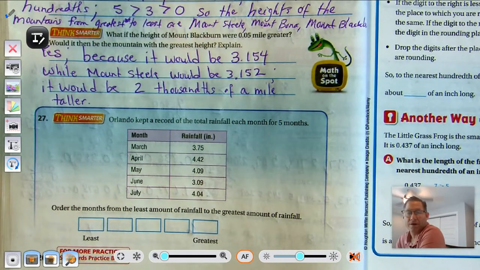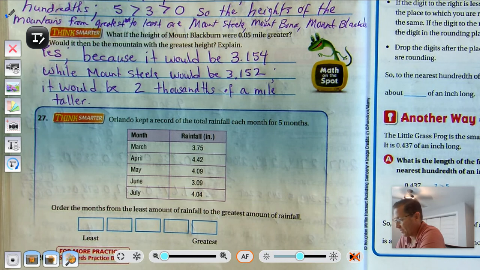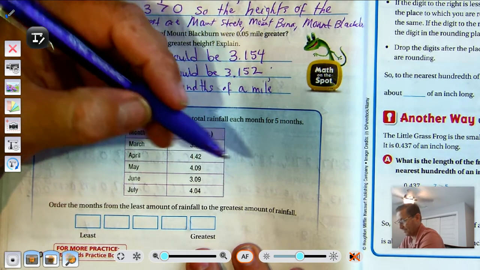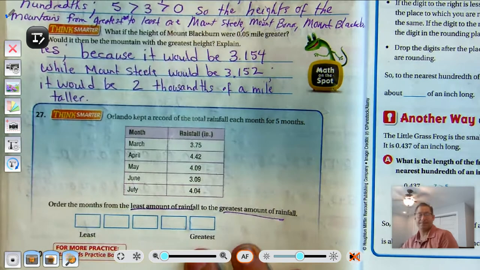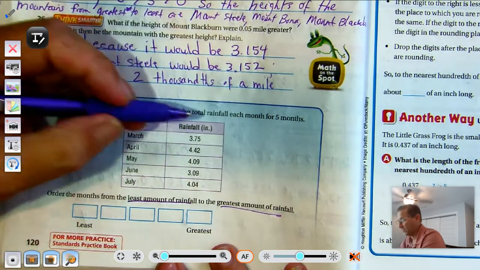Orlando kept a record of total rainfall each month for 5 months. All right, so he kept track from March to July. And we have to put these from the least to the greatest. So let's see if we can find the smallest one.